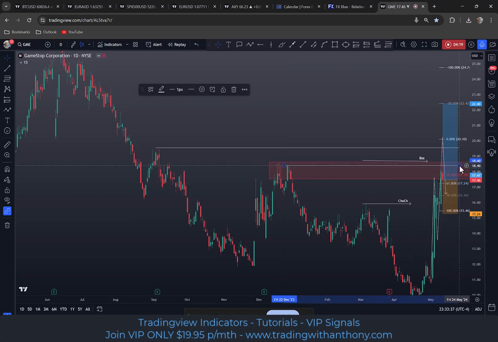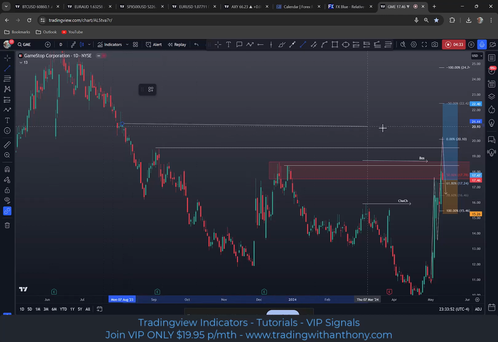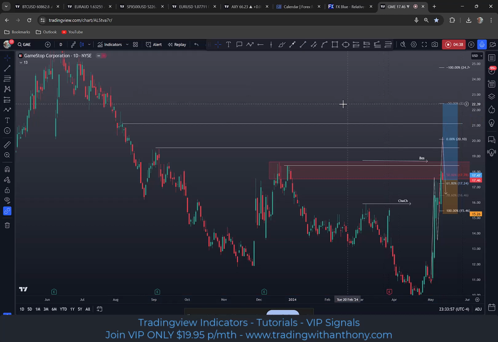Okay, so these are potential targets we could mark up. Target 1, target 2. The next one would be, well, I'd go with this swing. Let's just go for these candles above here. Yeah, something like that would be a target. And last but not least, these lows over here.